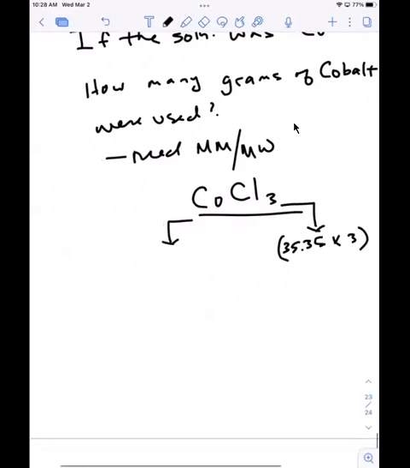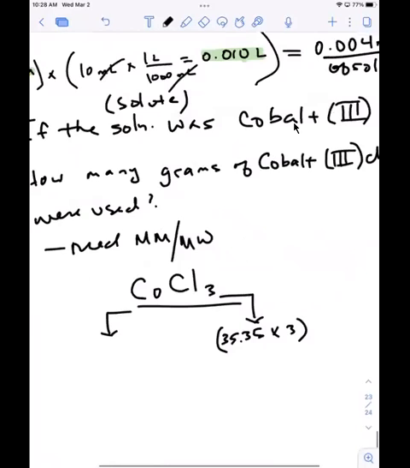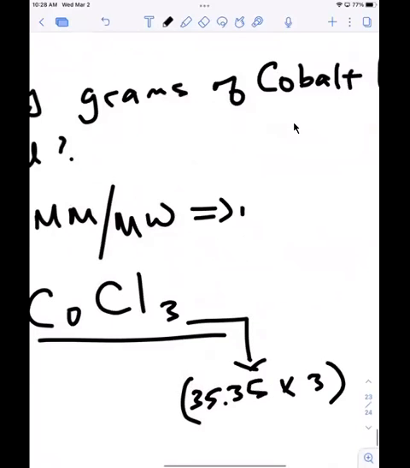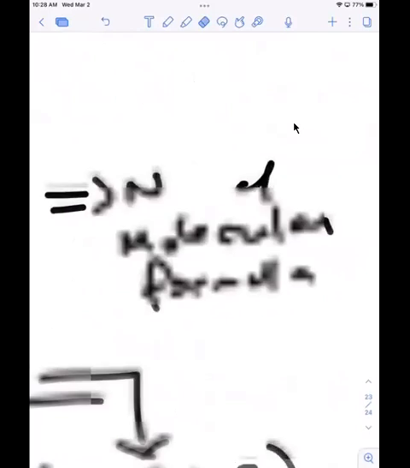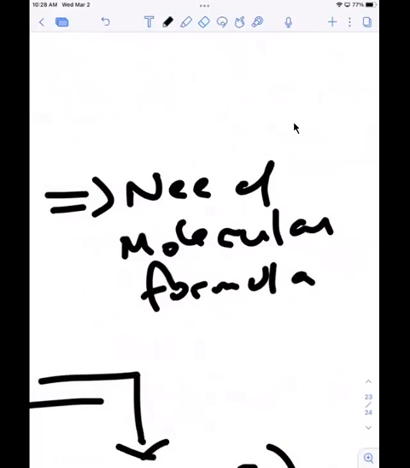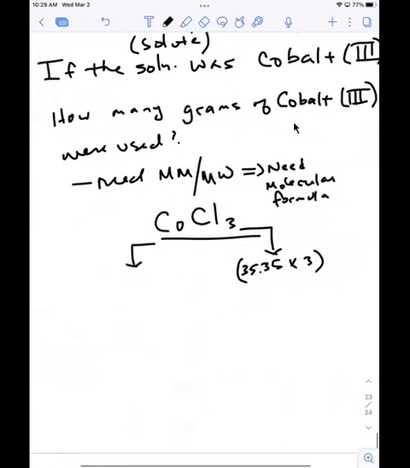What's cobalt off the periodic table? It's a transition metal, and we know the symbol for it is Co.